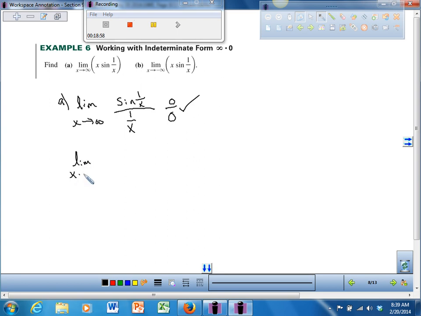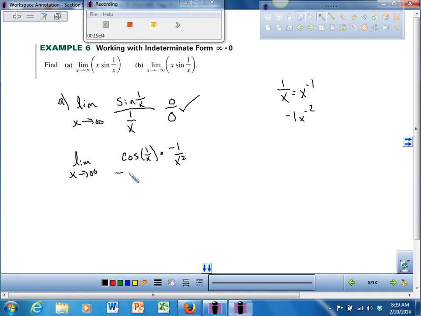Limit as x approaches infinity. Help me with the derivatives, please. Cosine of 1 over x times, no, that would be the integral, negative 1 over x squared. 1 over x is x to the negative 1. The derivative of that would be negative 1 x to the negative 2. That's where that's coming from. Okay?